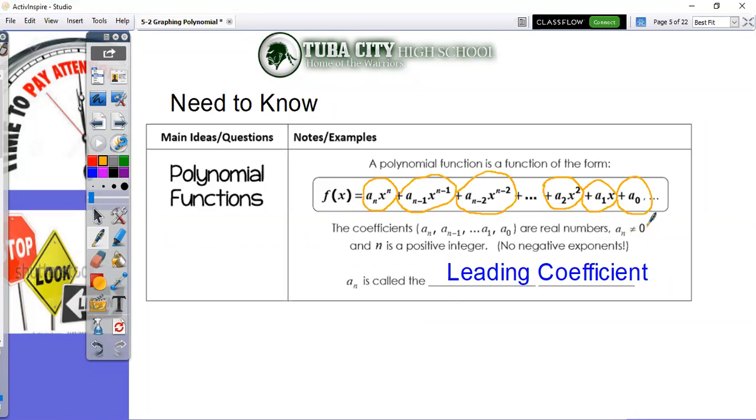Now I'll explain this in a second here, hopefully. n would also have to be a positive integer, which means that you cannot have negative exponents. So again, it feels like a lot of information, but basically you can't have negatives. They must be arranged in descending order, and your first term cannot have a coefficient of 0.